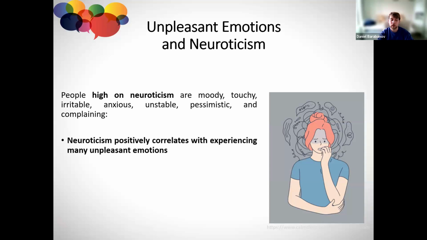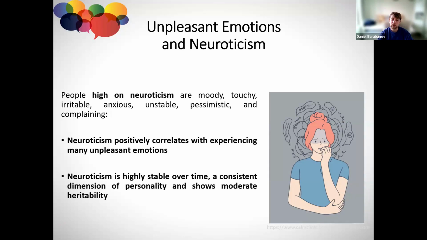That's why neuroticism positively correlates with experiencing many unpleasant emotions, and neuroticism is highly stable over time. That's why it's one of the Big 5 personality traits, and it shows consistency over time and moderate heritability. So probably it's also connected with genetics and physiological factors as well.